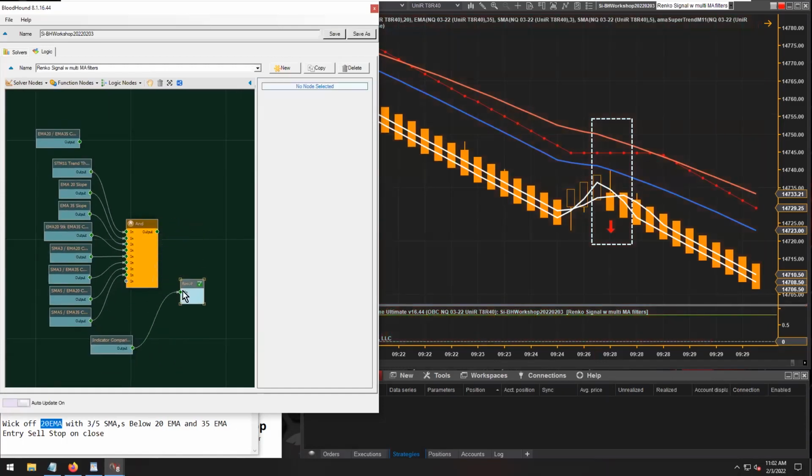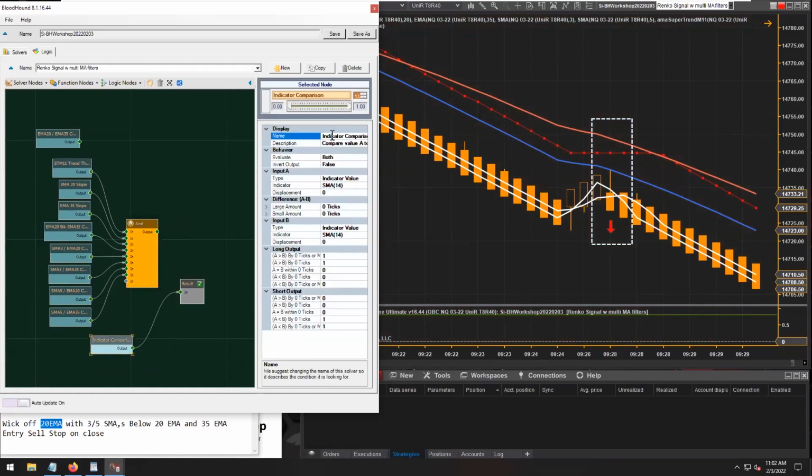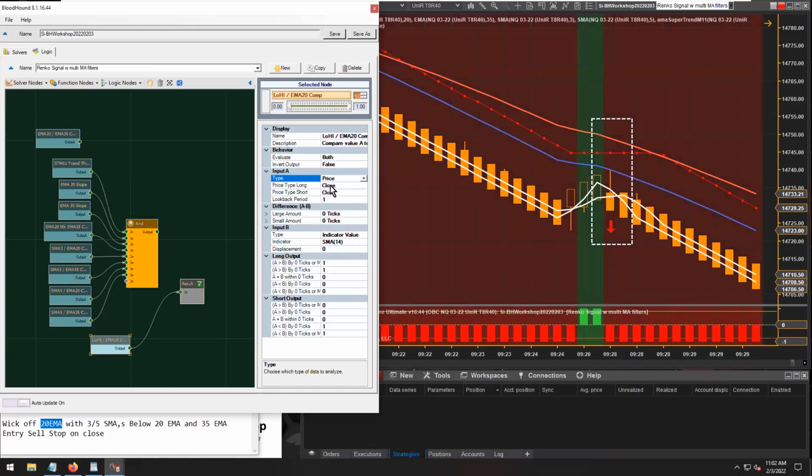Connect that in like so. So let's see here. We're comparing either the low of the bar or the high of the bar to the EMA 20. All right, so input A is going to be price, right?